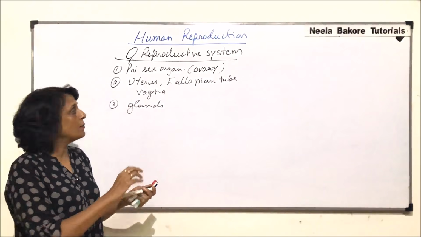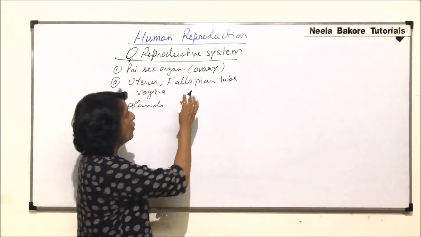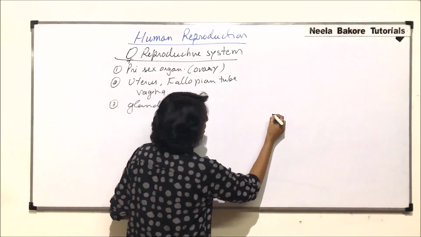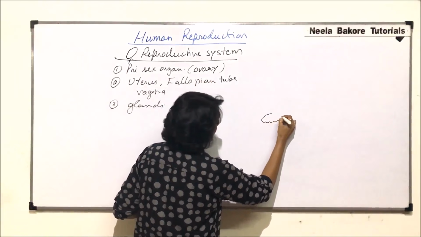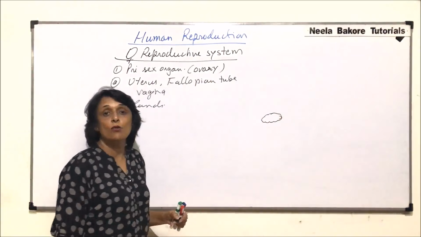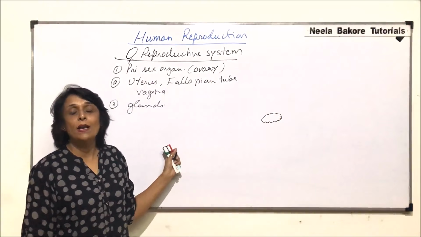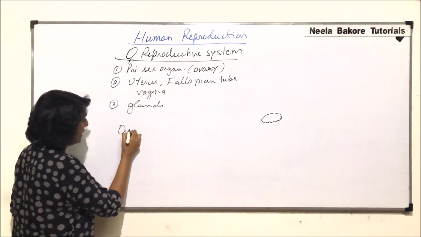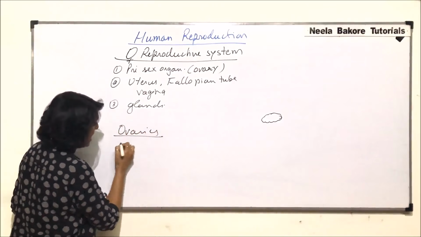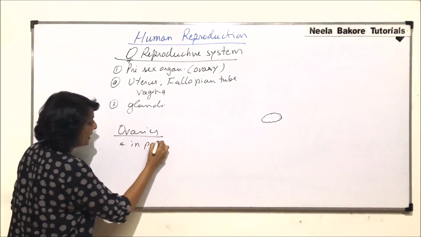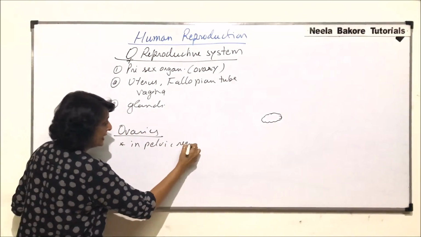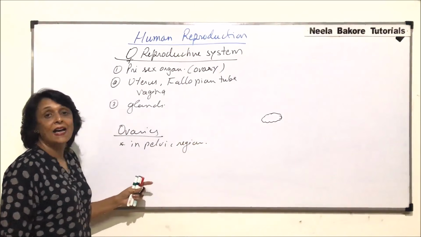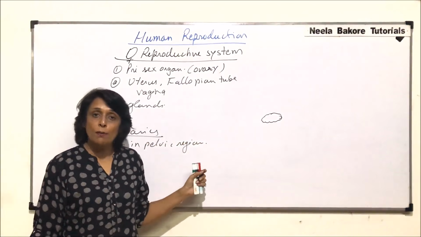Now if we are talking about the location, the ovaries are small almond-shaped glands and they are located in the lower abdominal region, that is in the pelvic region. That means they are inside the abdominal cavity.